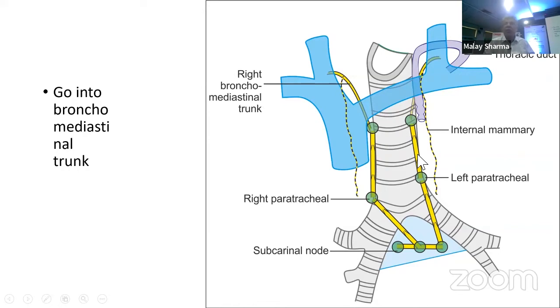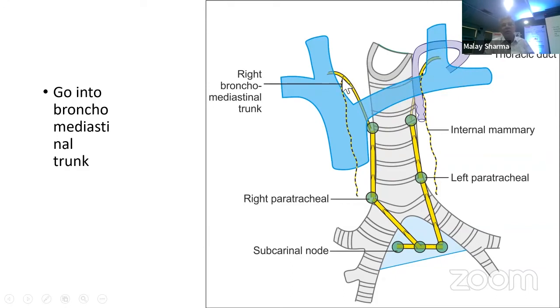The bronchomediastinal trunks are separate from the thoracic duct. Or they represent the thoracic duct. This is the drainage of the thoracic duct.